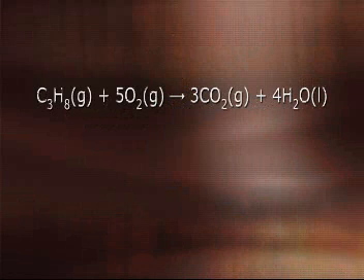Let us calculate the standard enthalpy for the combustion of propane from the standard enthalpy of formation values of the products and reactants. We begin by writing the equation like this.